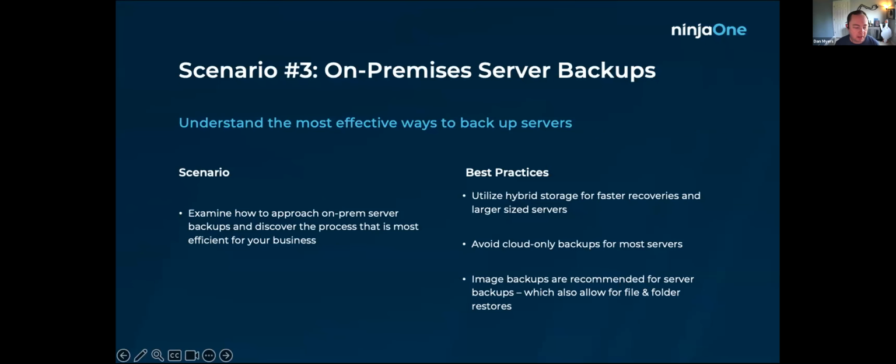Yeah, absolutely. And this is where making sure you've thought about the strategy and the scenarios is really important. With an on-premise server backup, it is critical, vital, for me it's required that you use a hybrid backup, where you're using a local storage and a cloud storage location.